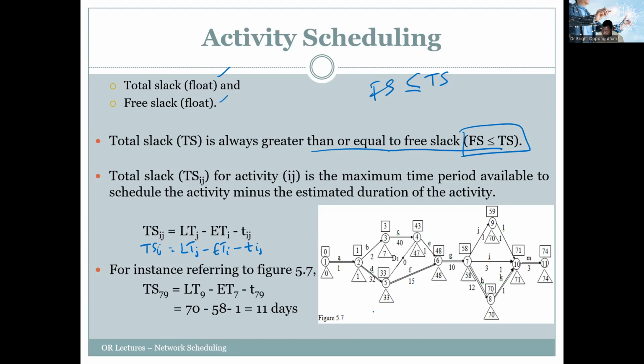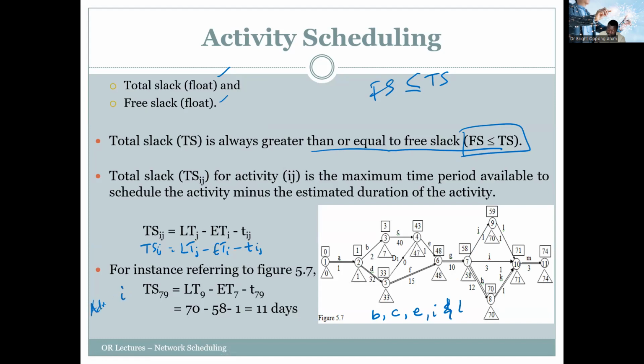So the activities themselves will be B, C, E, I, and L. So that means that we have total slack to compute, right? Or a free slack to compute. So if we look at this, then we can compute. Let's take, for example, 7, 9. That is activity I.